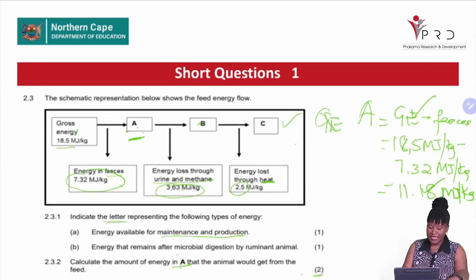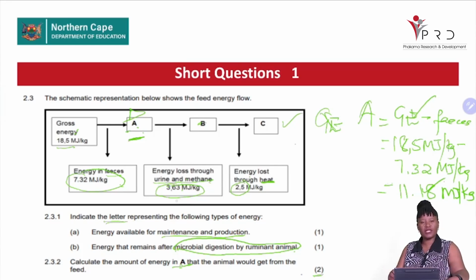Energy that remains after microbial digestion by ruminant animals. Why are we talking about this microbial digestion? We said gross energy minus feces, you get digestible energy. And this digestible energy is whereby it will lose energy in the form of urine and methane. And the methane, which also goes together with carbon dioxide, will form bloating after microbial digestion.